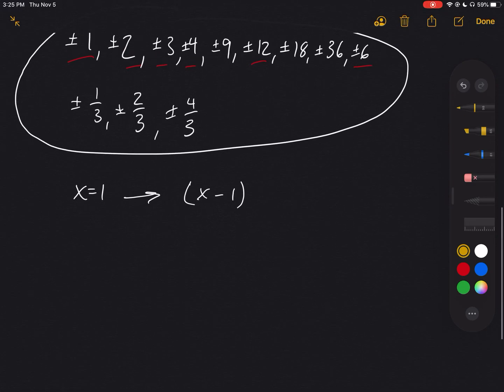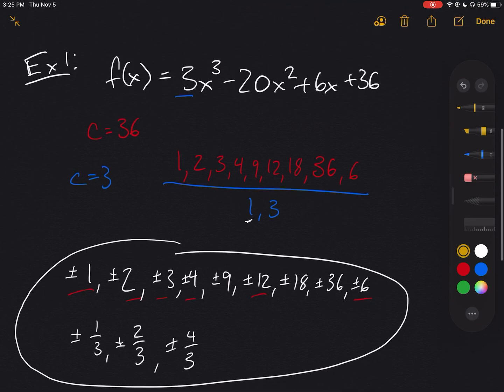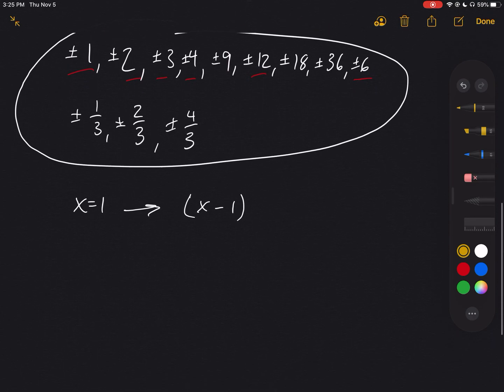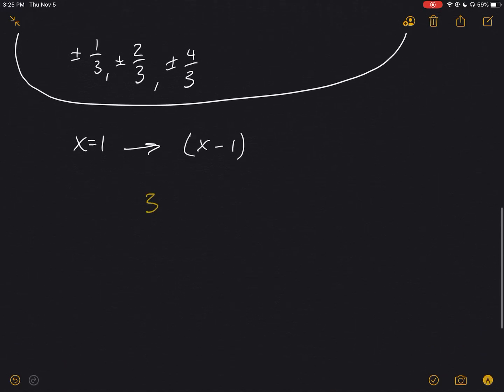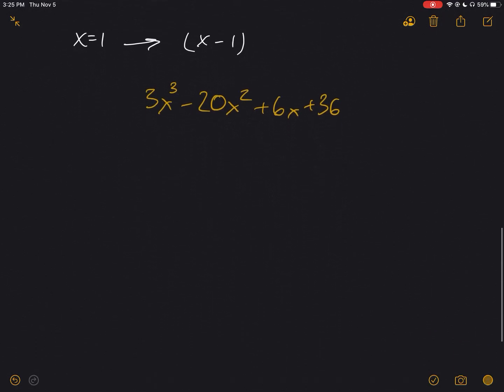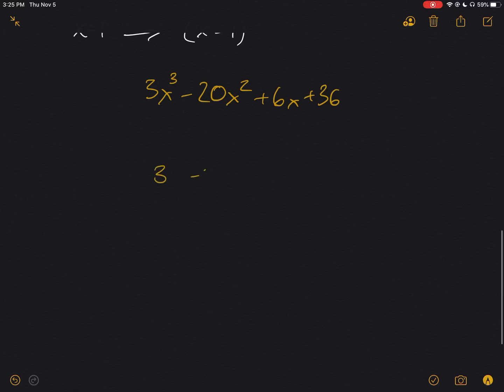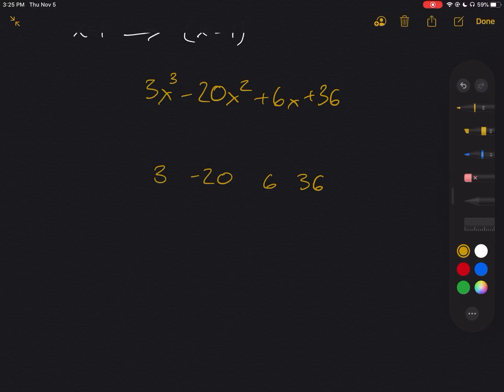My polynomial was 3x cubed minus 20x squared plus 6x plus 36, right? So if I were to write this as synthetic division, 3, negative 20, 6, 36, I'd just start ripping through synthetic division and testing.